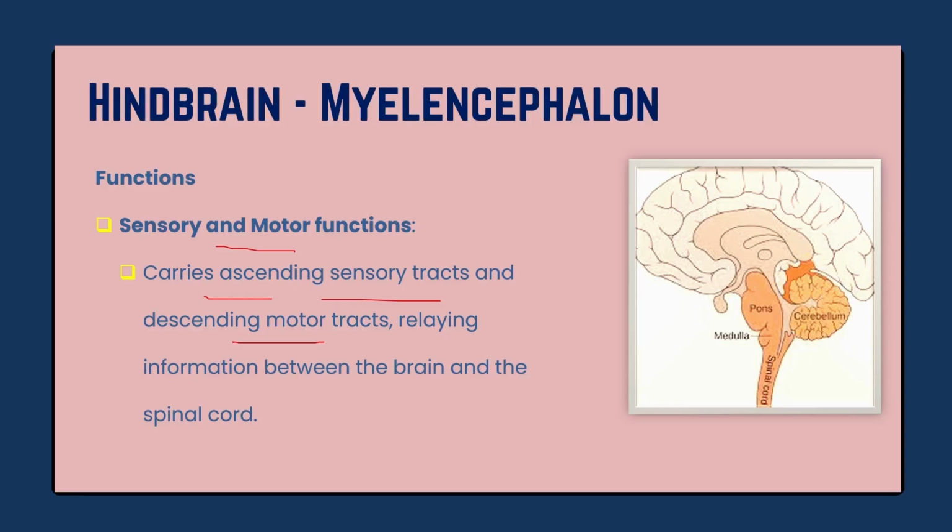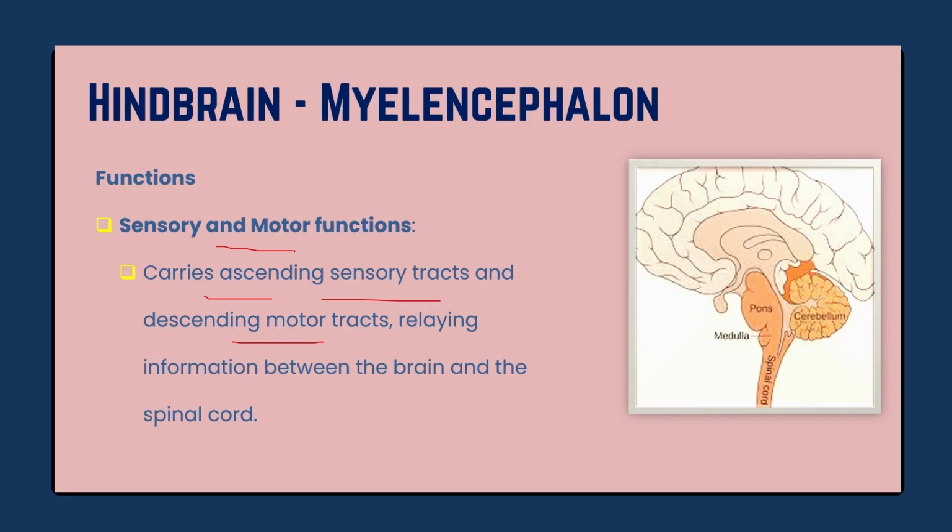These are bundles of nerves that carry information towards the brain. It tells whatever is happening outside the body. It takes all those signals and transmits it towards the brain. And then we have descending motor tracts, which are the neurons bringing the information from the brain to the rest of the body. That is descending motor tract.